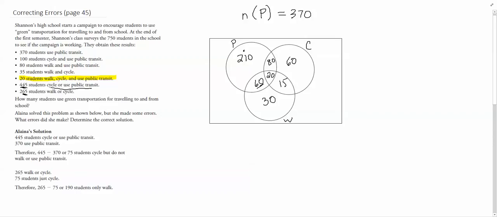Ultimately, the question that we're trying to ask is how many students use green transportation, and that would be totaling up all of the numbers. So 210 plus 80 plus 60 plus 60 plus 20 plus 15 plus 30. And so let's add those up.